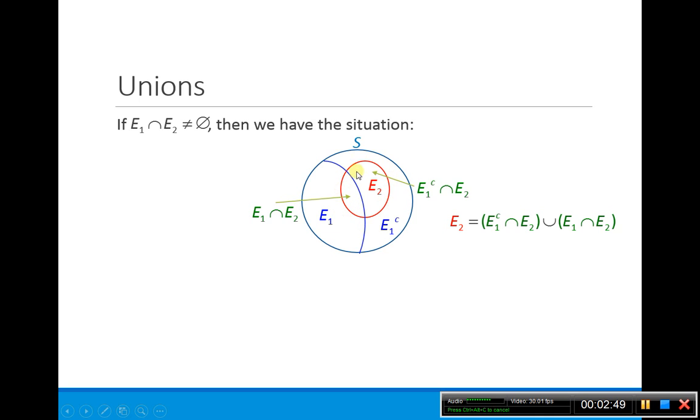Okay, but note what we can do here. We can rewrite E2 as this intersection between E1 and E2, and then we can also write this other part as the intersection of E2 with E1 complement, because remember, E1 and E1 complement always make up the entire sample space.